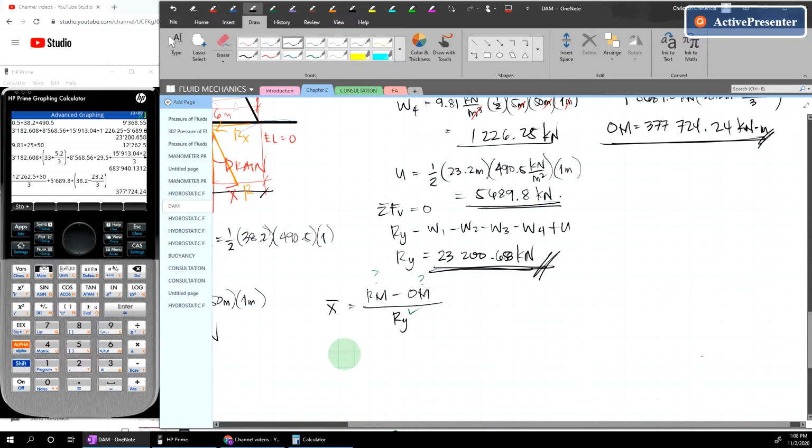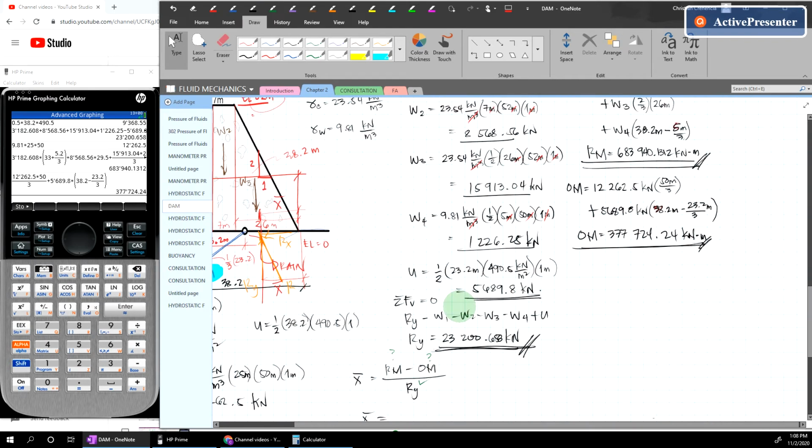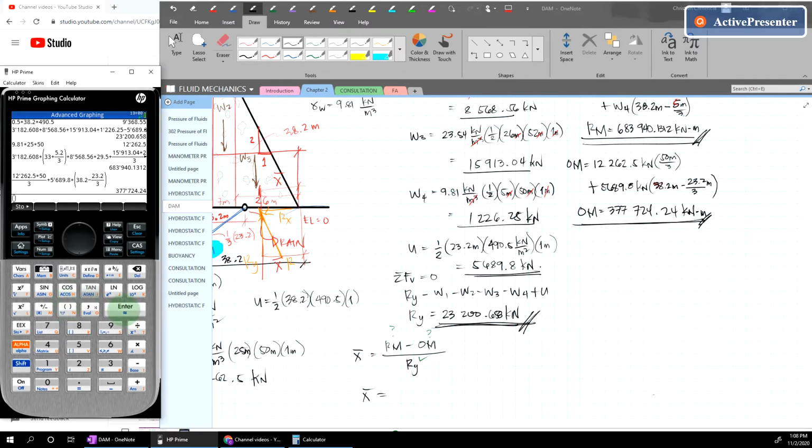Okay? So pwede na natin ma-solve ngayon yung location ng resultant force. Okay? So X bar is equal to, so yung writing moment natin, hindi ko na substitute, i-direct sub na natin dito sa calculator para mas mabilis.